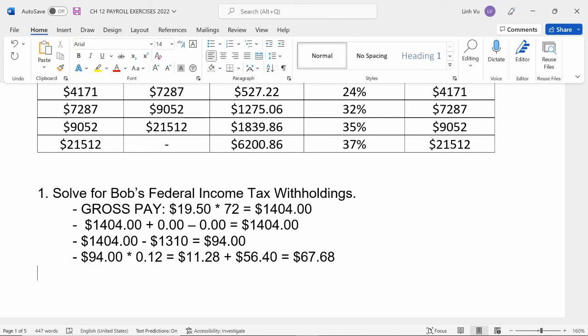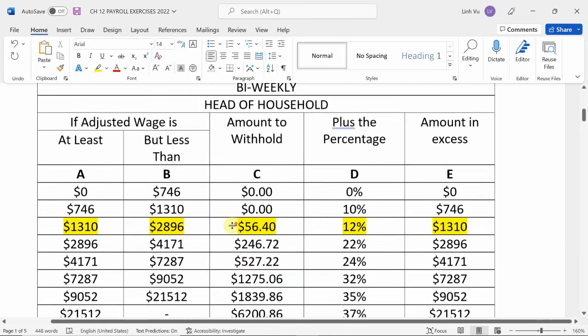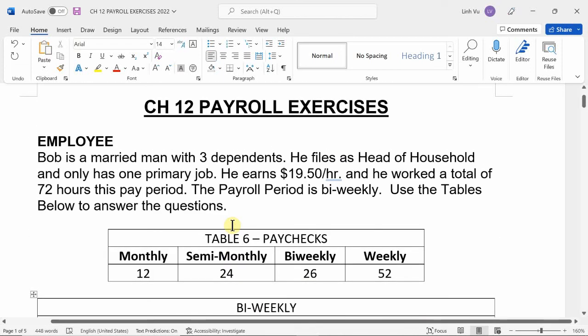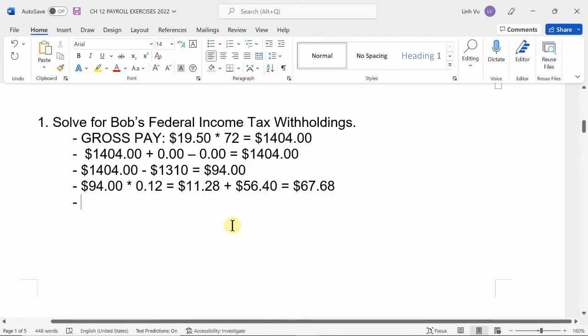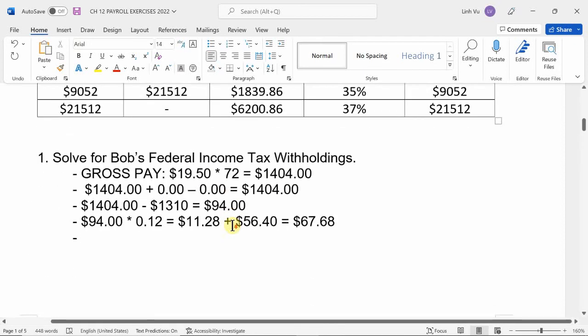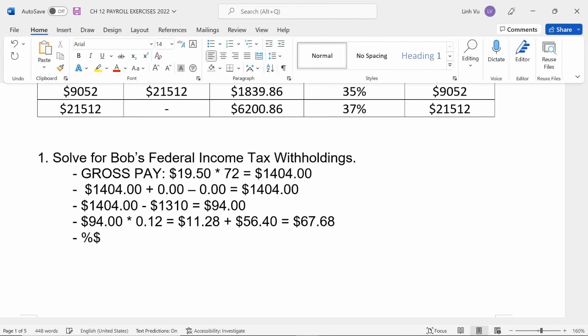Then step 4 is to deduct any claims that he's made. He has a total of 3 dependents, and he's going to claim all 3 of them. If you remember on the W-4 form, it's $2,000 per dependent, so that's a total of $6,000.